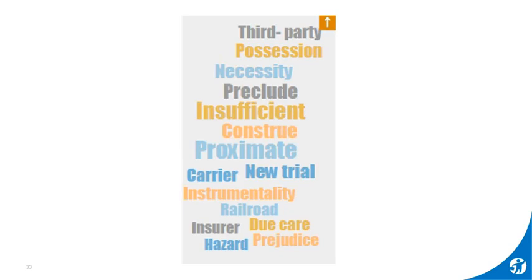Each one of the cases that we pull up has additional keywords, additional terms of art that relate to it, and they will do this sort of word map that gives you different words larger per their importance based upon the case.